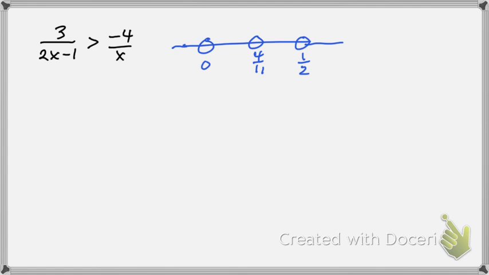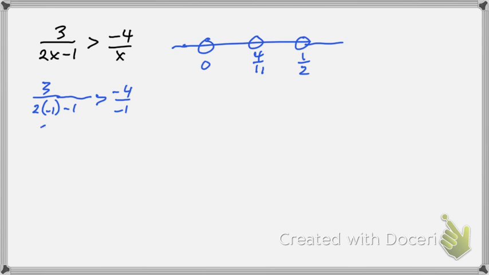So I need a value less than 0. How much? -1. Okay. So I'm going to test over here. I'm going to say 3 divided by 2 times -1 minus 1. Is that greater than -4 divided by -1?